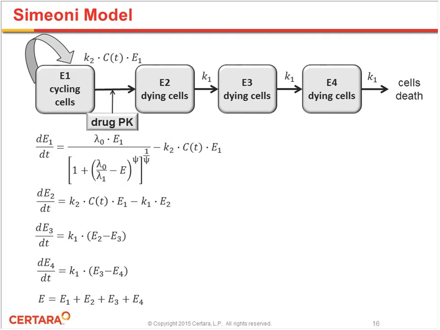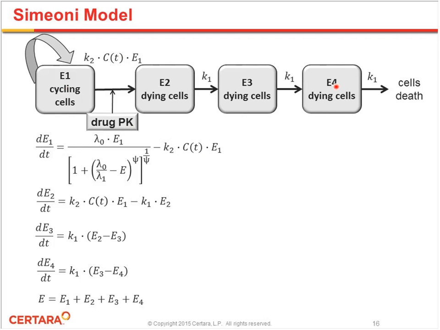So this is mainly the description of the first compartment, everything that happens in the proliferating cells. Once they get damaged by the drug action, the cells move into these different transit compartments.